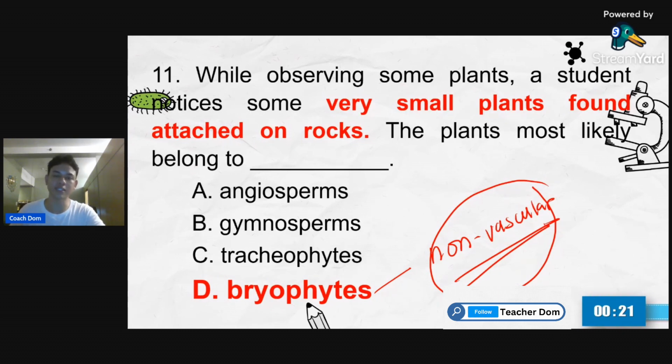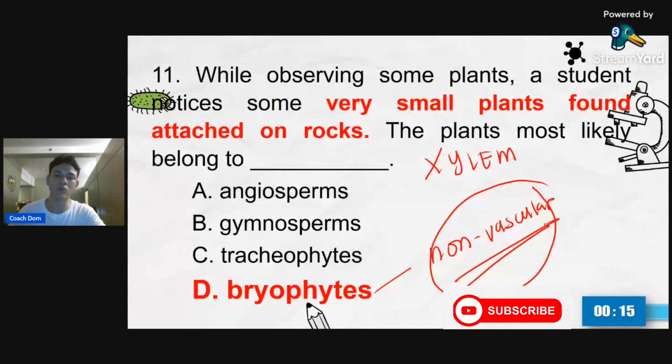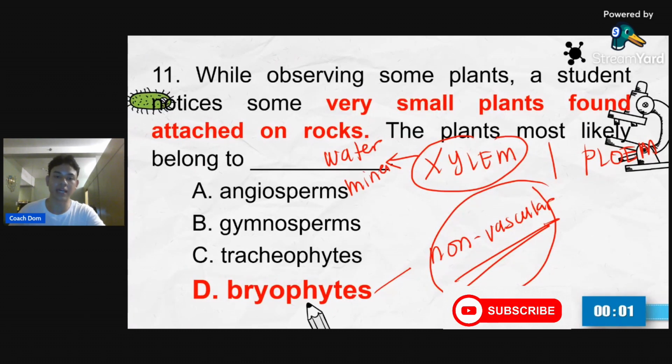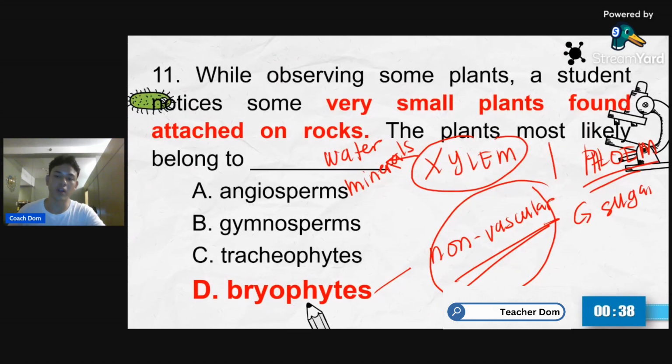Yung vascular system na importante po sa plants is the xylem and the phloem. If you still remember, yung function ng xylem is magconduct po ng water and also minerals na kailangan sa plants. Sa phloem naman, yung ginagawa niya, guys, is magdistribute siya ng sugar.